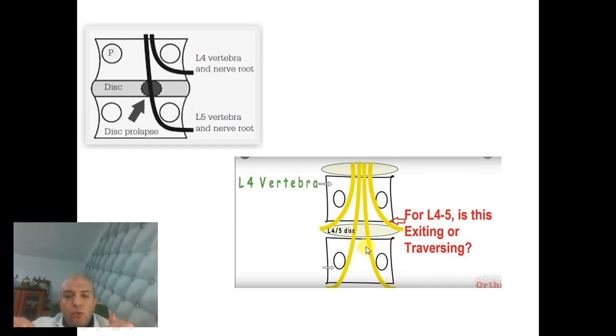So exiting at the same level, the same number below the same pedicle, and if it traverses the same level to the level below, it is called traversing, but exiting to the level below. Exiting, and this is traversing to L4-5, but it is exiting to L5-S1.